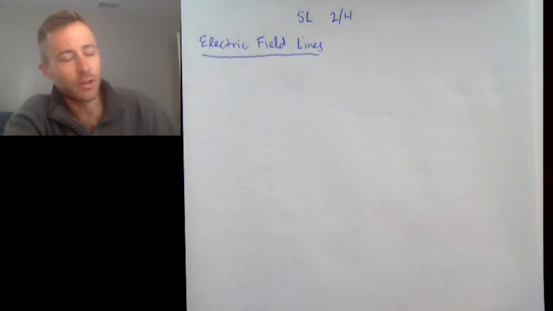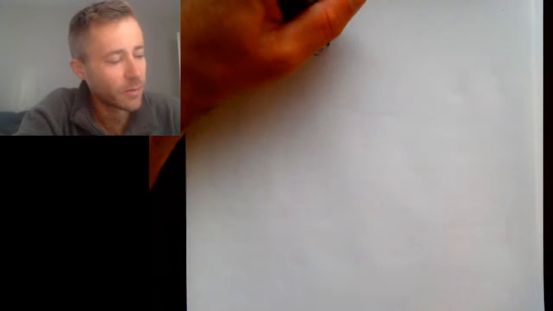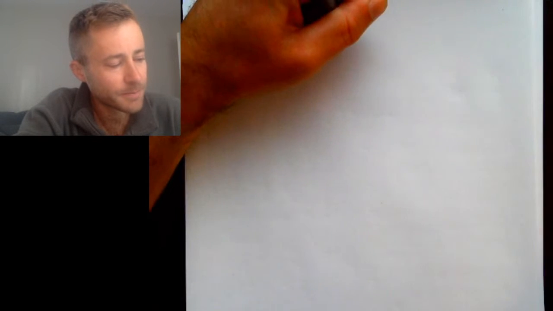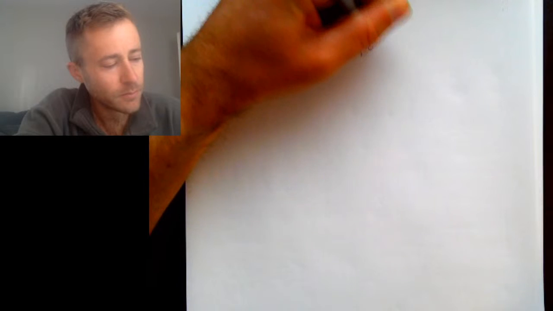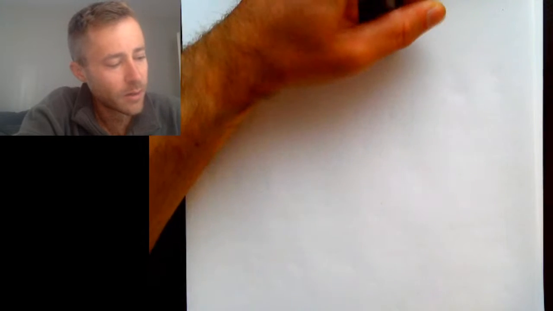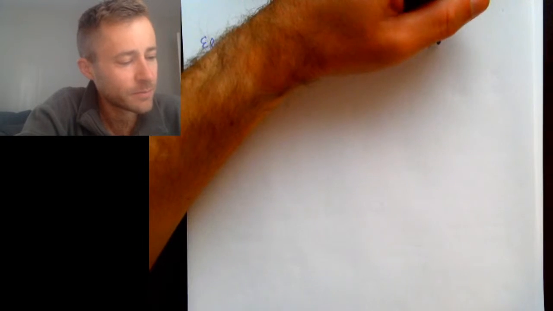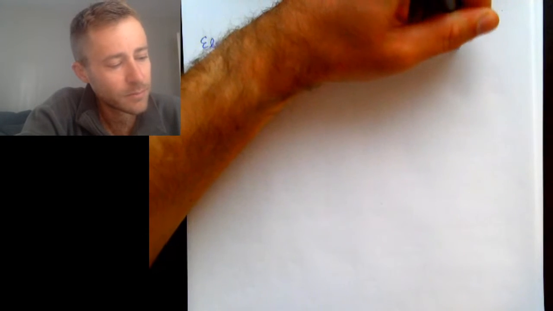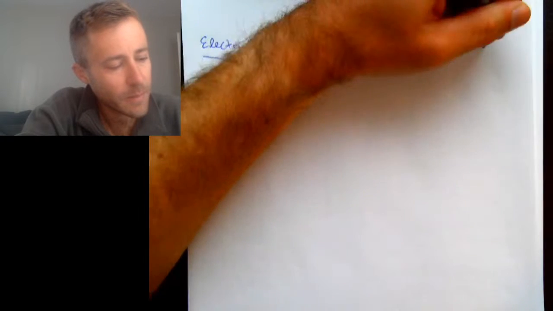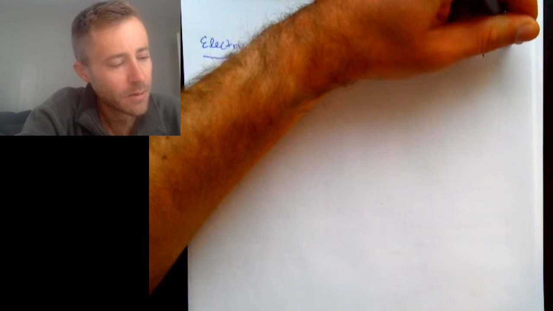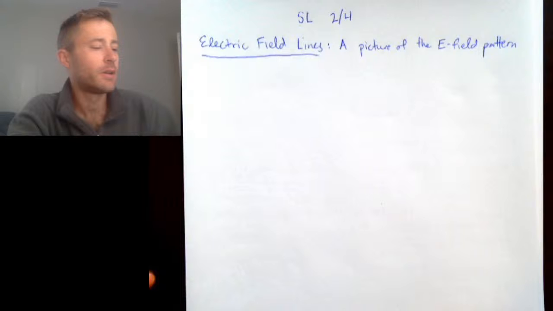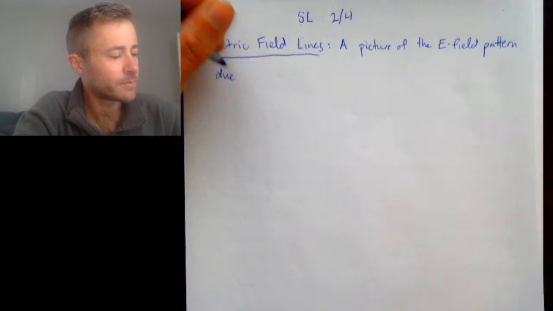So what electric field lines are is they are a picture of the electric field pattern due to some charges.